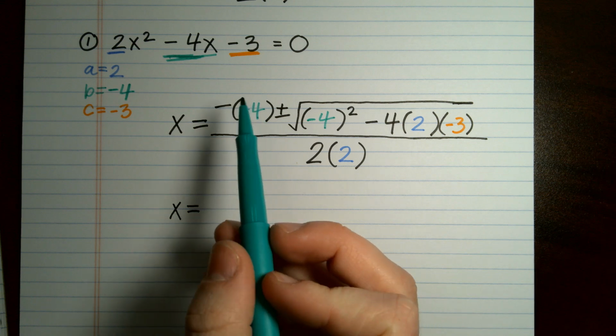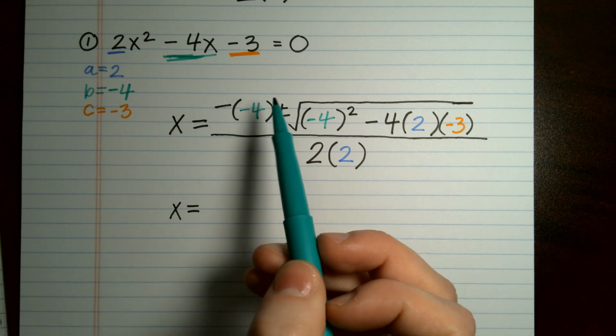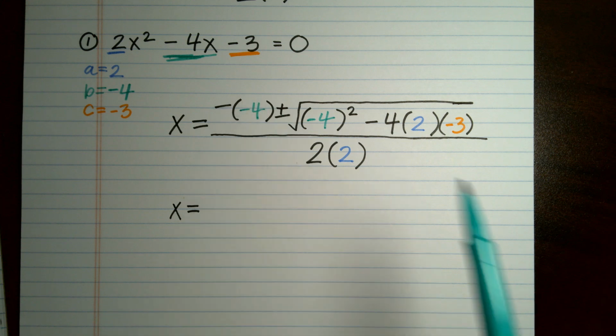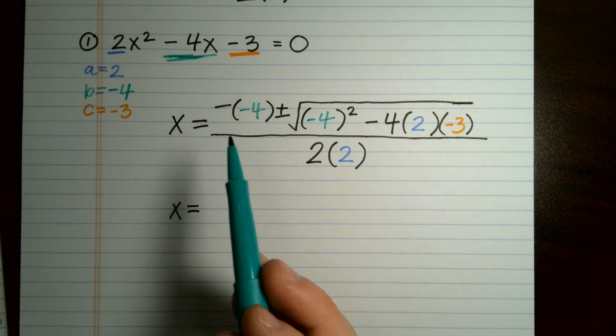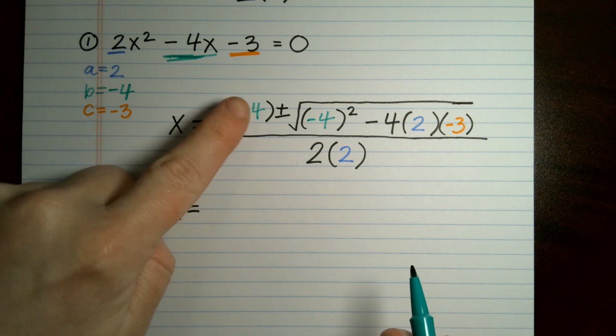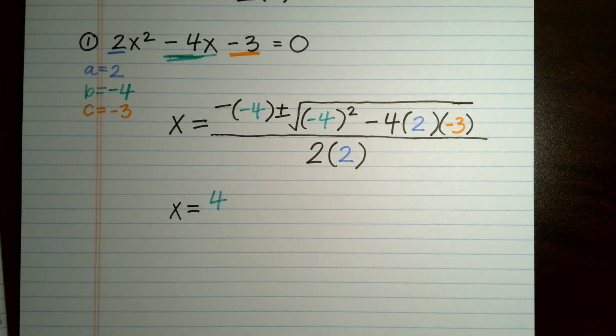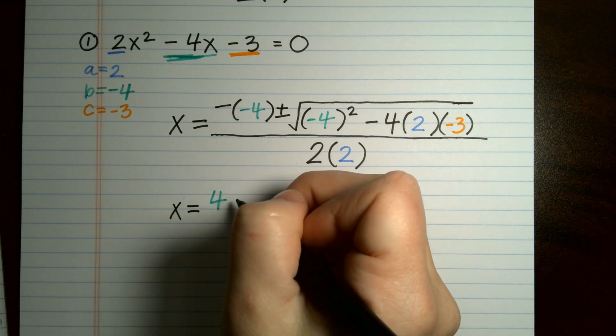Okay, so let's start with this first part. I've got negative, in parentheses, -4. What does that become? +4. Is anyone confused about that? No. Okay, so let's write +4. What comes next? Plus or minus. Good.